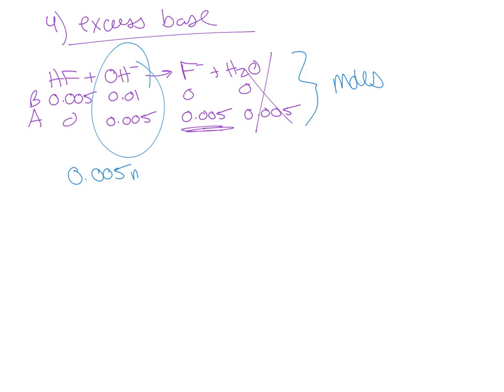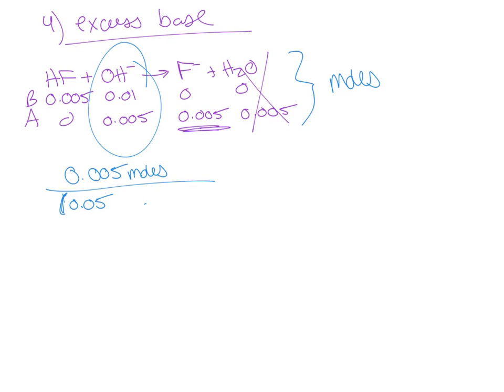0.005 is your moles, and it's in how much liquid? Well, I added, maybe I have to calculate that because I didn't do that. So I have 50 milliliters of acid, right? And how much base did I add? Okay, so that's about 100 milliliters because it's like twice the amount.